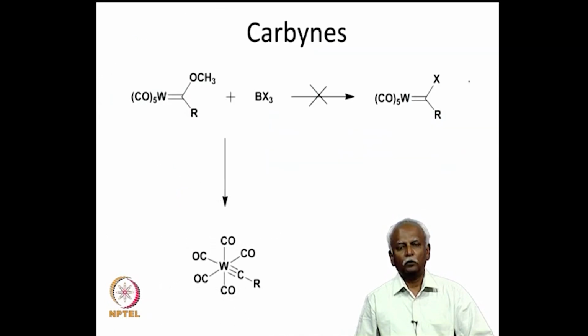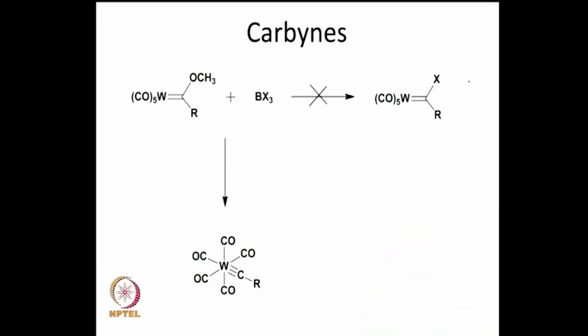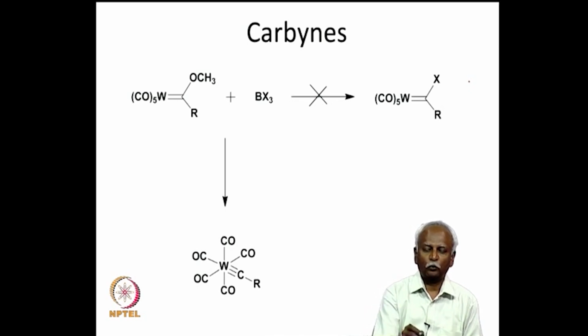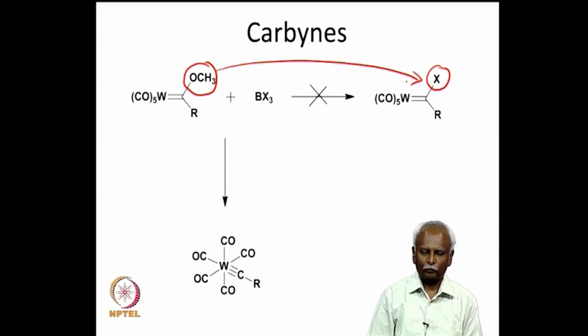So, let me now move on to another system briefly, and that is a carbene system. This was accidentally discovered, and the reaction of the Fischer carbene with BX3, a trihaloboron molecule, BCl3 or BBr3, led, instead of converting the OCH3 to an X group, to elimination of the OCH3, leading to the formation of a carbene complex.